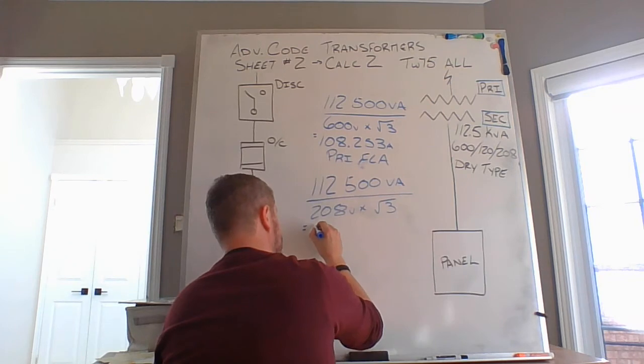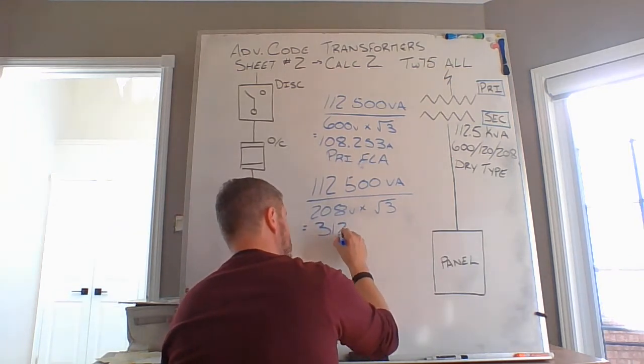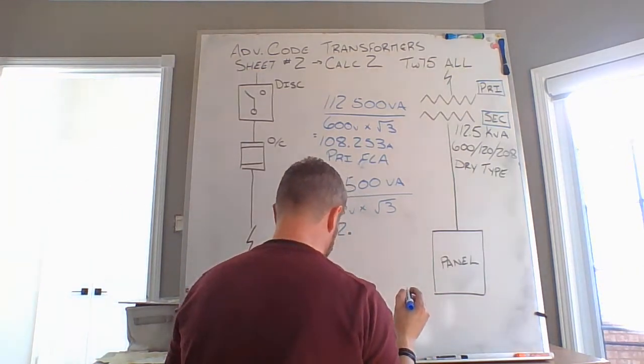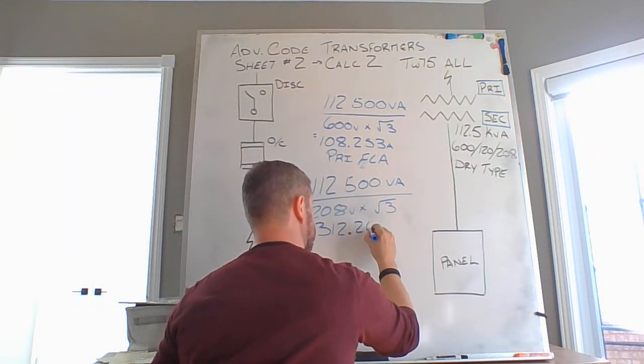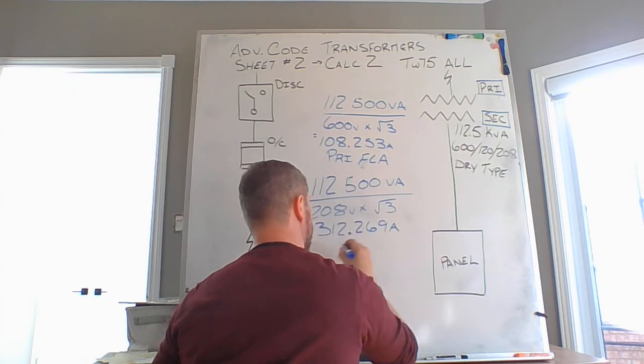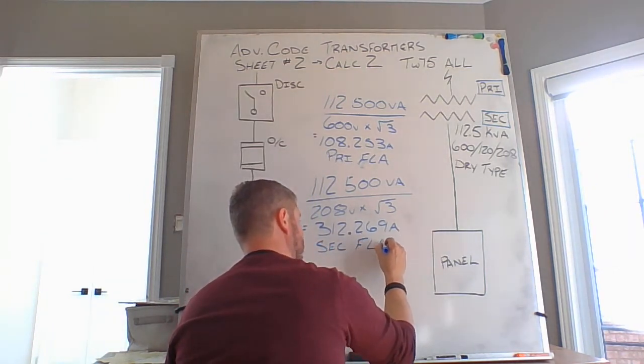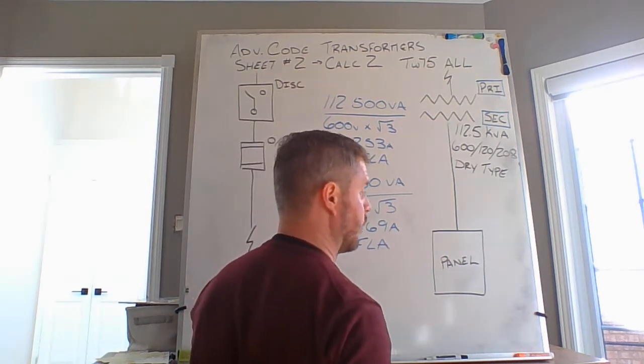And at that point in time, you should come up to 312.269 amps secondary FLA of that given transformer.